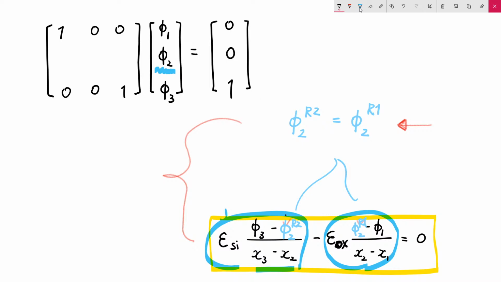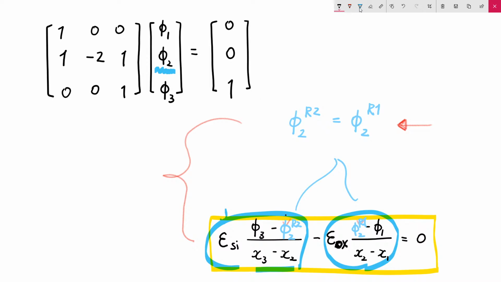And if we just normalize everything, so all quantities like epsilon or x2 minus x1 or x3 minus x2, if they are normalized, then we can write down in this way. So this is the form. What is here?